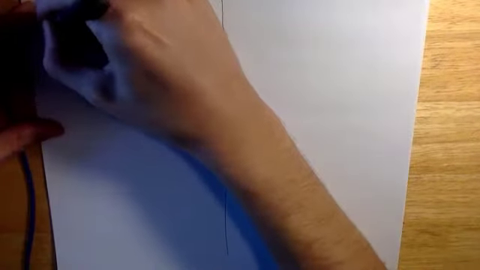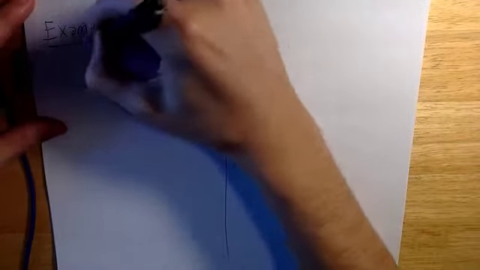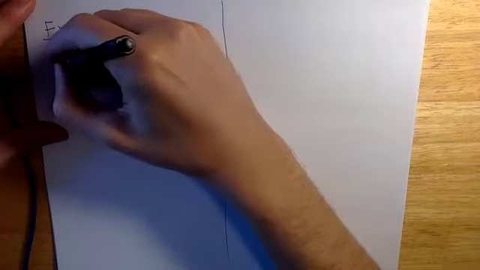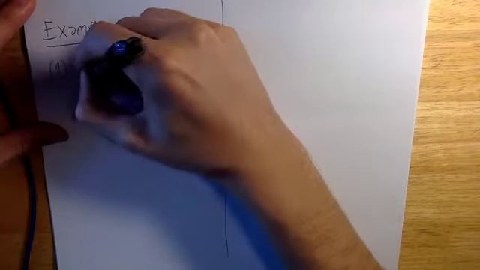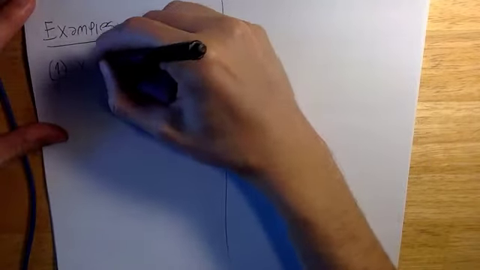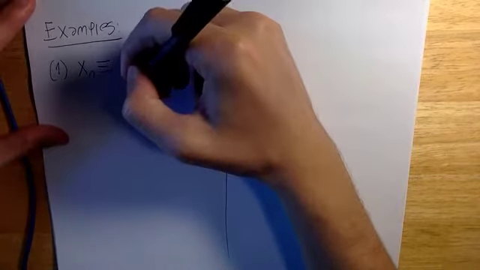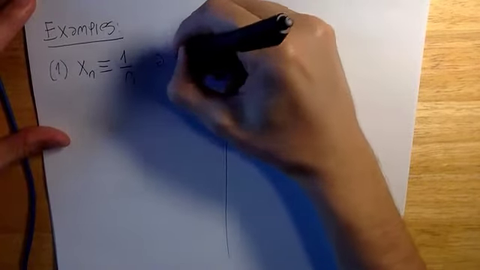So examples. Let's say, somewhat of a trivial example, that xn is identically equal to the constant 1 over n, almost surely.